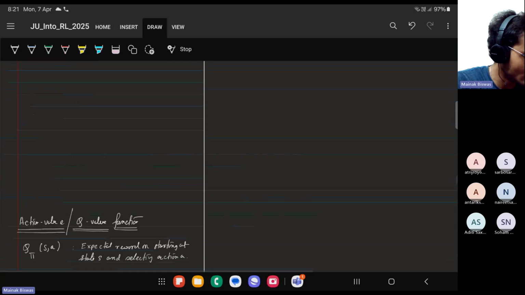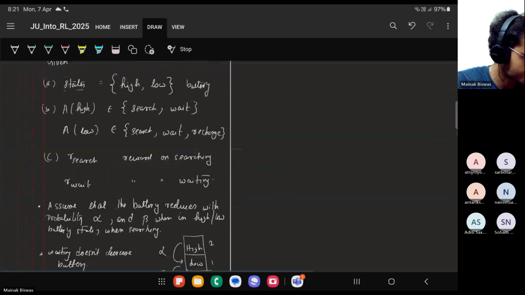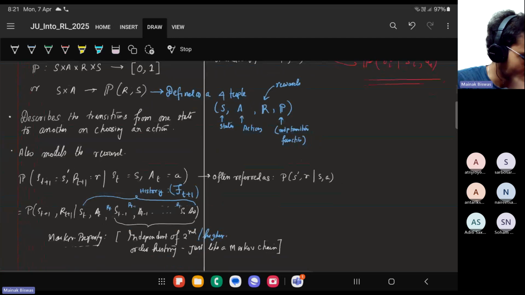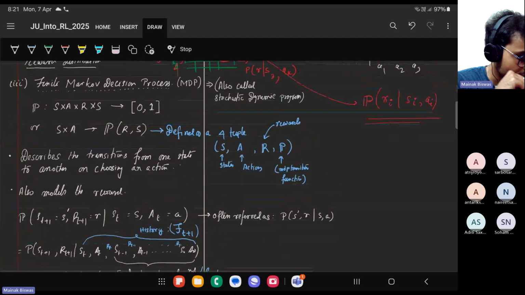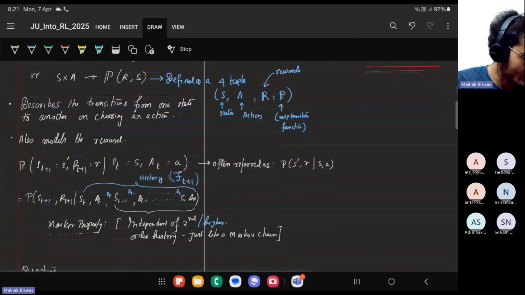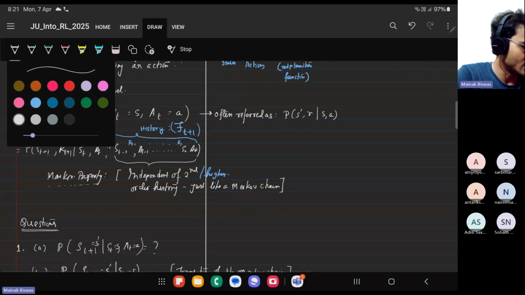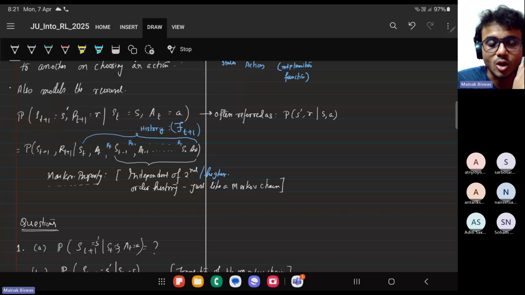So let's see what's the next plan. Great. State, action, reward, and then the probability distribution. Okay, fine. So once we've understood what the components of an MDP are, what is the principal building block of the finite Markov decision process?